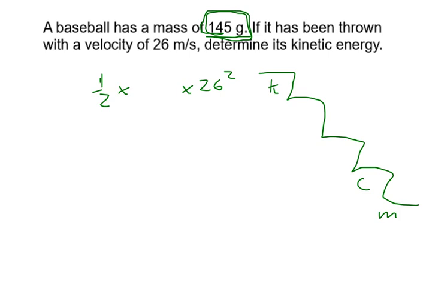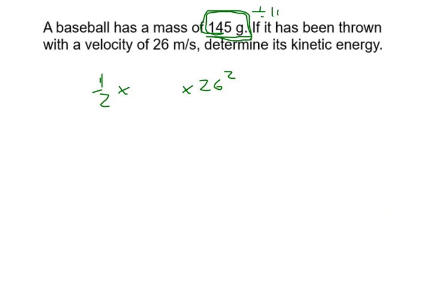A kilo is times 10 to the 3, which is 1,000. So if you want to go from grams to kilograms, we have to divide by 1,000. So it's actually 0.145 kilograms. That's the only reason I've got this example for you, to make sure you don't forget to convert this into kilograms.